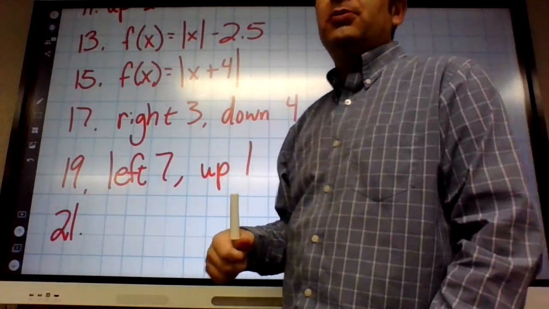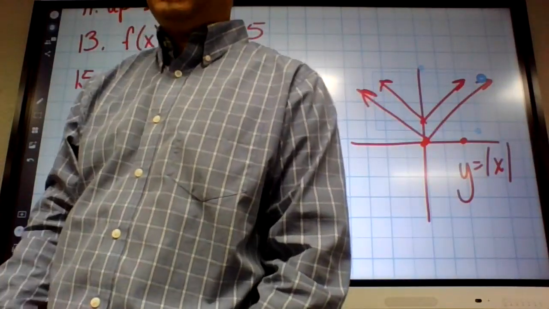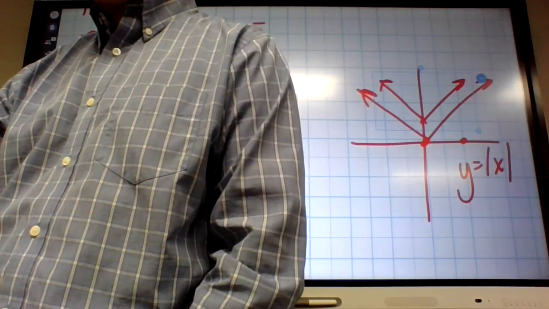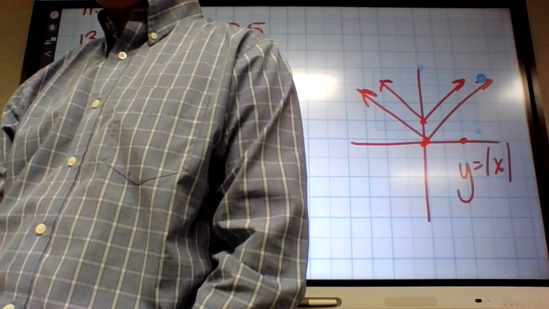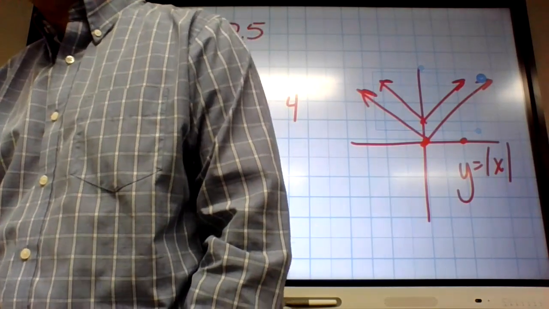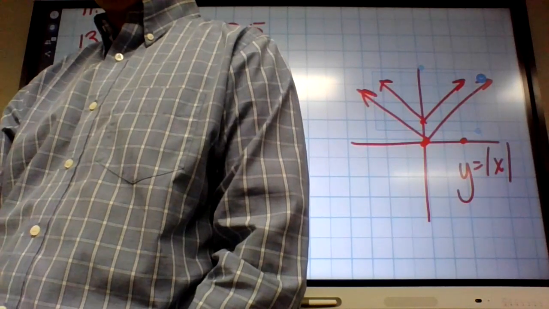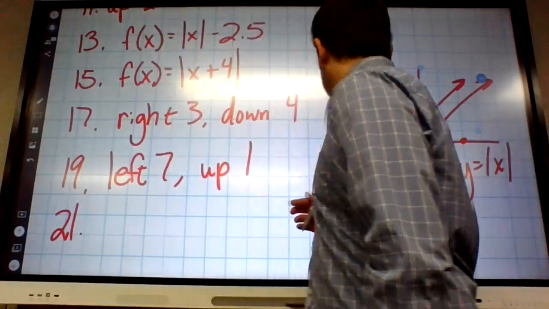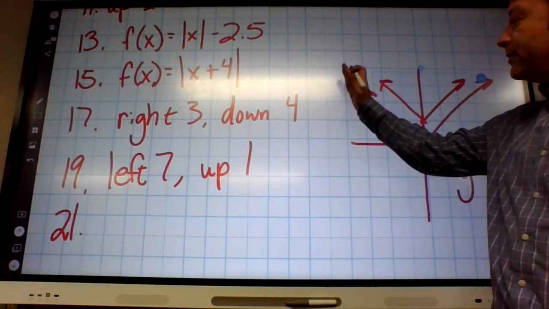Okay, so Avery, on 21, first describe to me how that graph would move, just like we did on 19. How would that graph move on 21? Go left 5 and up 3. Okay, so it's like the whole graph moved left 5 and up 3.